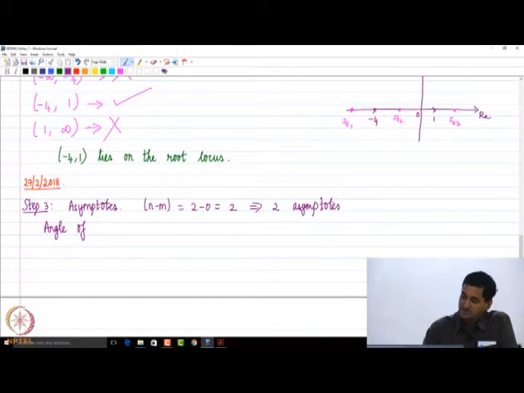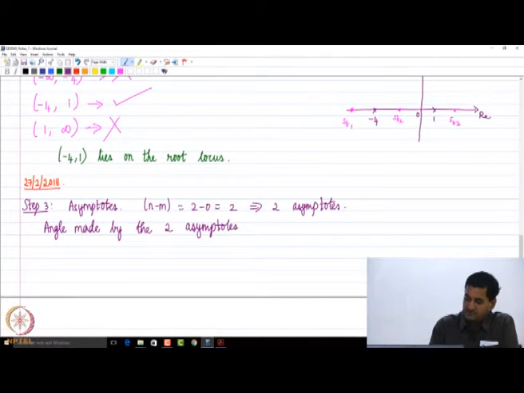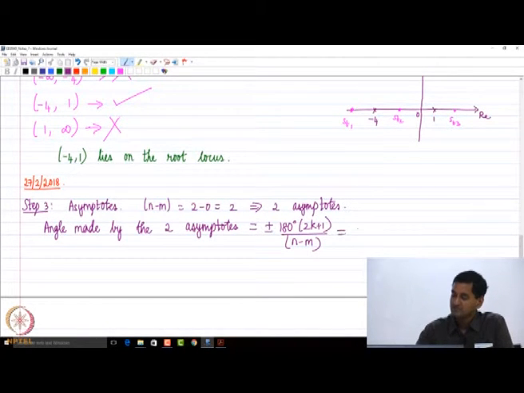The angle made by the 2 asymptotes is going to be equal to plus or minus 180 degrees times 2k plus 1 divided by n minus m. So we are going to get plus or minus 90 times 2k plus 1, with k going from 0, 1, 2 and so on.